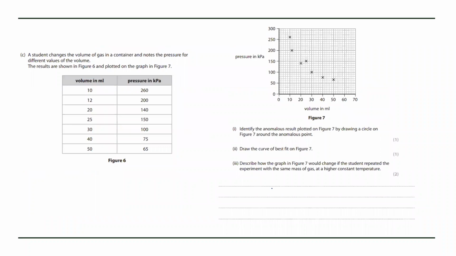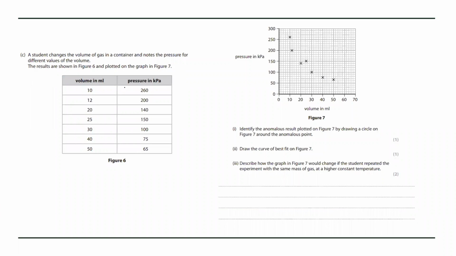A student changes the volume of gas in a container and notes the pressure for different values of the volume. The results are shown in figure 6 and plotted on the graph in figure 10. So volume in milliliters and pressure in kilopascals.